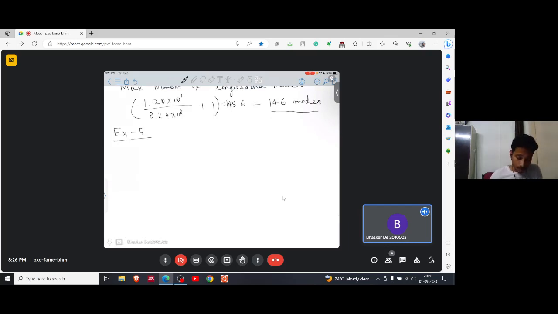Here again I am reading the statement of the problem: a helium cadmium laser is operating at 441.6 nanometer with a natural mixture of cadmium. Assume the laser has a gain of 6% per pass.